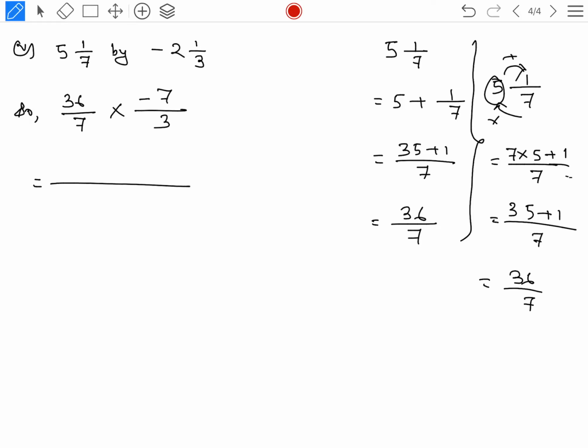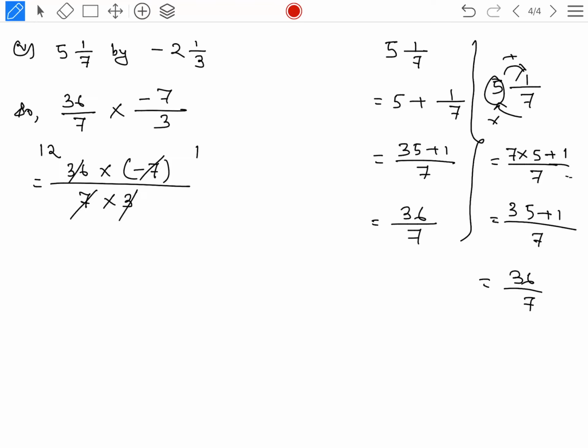Understood? Same way for the second one. In this way I have done. Multiply denominator by denominator, then numerator by numerator. Now see, 7 and minus 7, if we divide, then we will get minus 1. Yes or no? So you can simply write 1 here, because the negative sign we will use, but write 1 there.